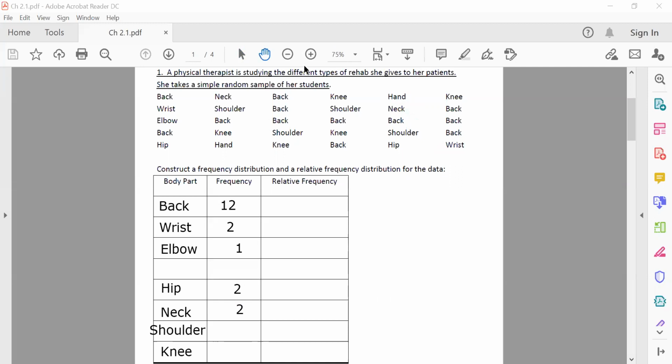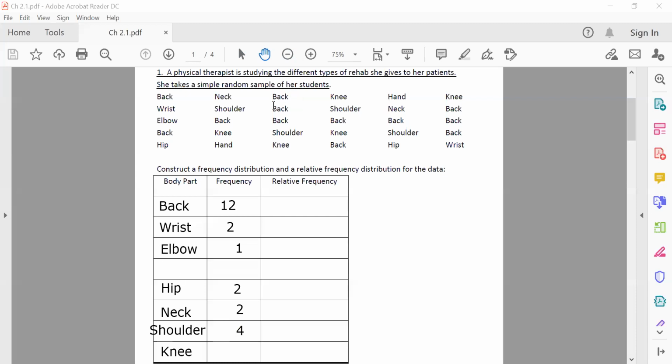Shoulder issues, let's see, we've got 1, 2, 3, 4. 4 shoulder issues, I'll double check that. Yeah, 4 shoulder issues.